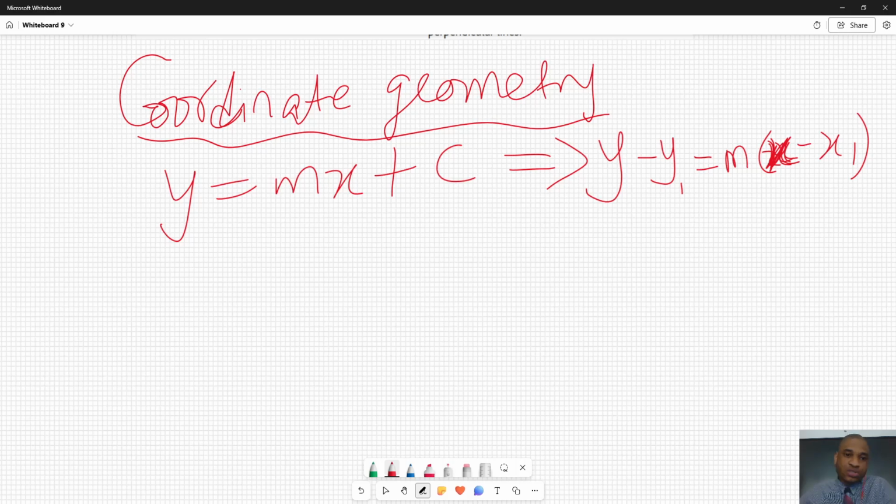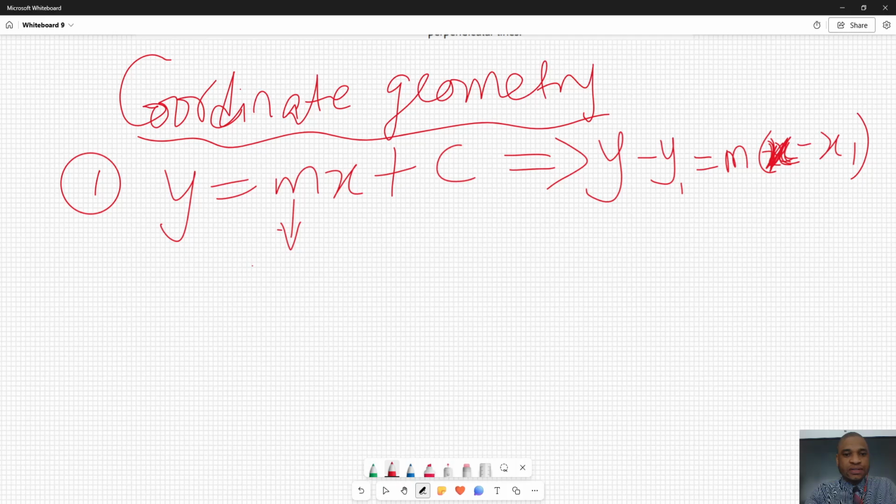Like I always do, this is a summary. I don't want you to bother yourself studying; make sure you always practice. The first thing you should know is the gradient.